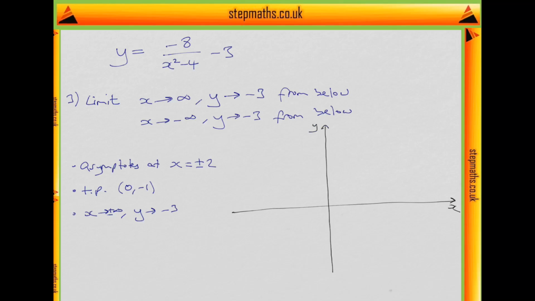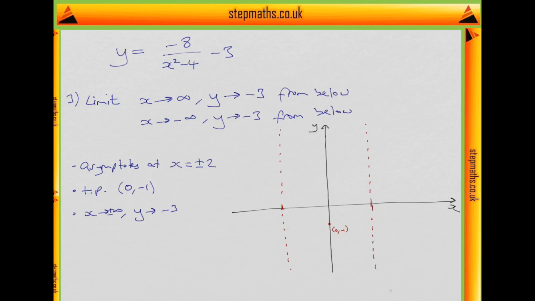Now, let's start with our asymptotes. So we know for x being plus or minus 2, the function is undefined. So we'll label these with dotted lines. And we know at this point here, 0, minus 1, we have a turning point. Now, what we also need to notice is that we actually have another asymptote that we haven't noticed.